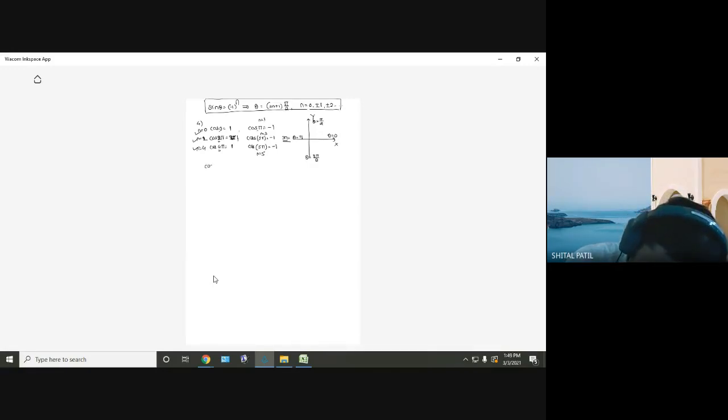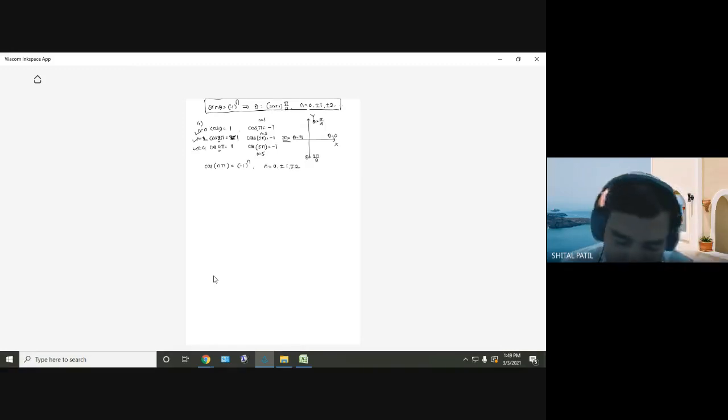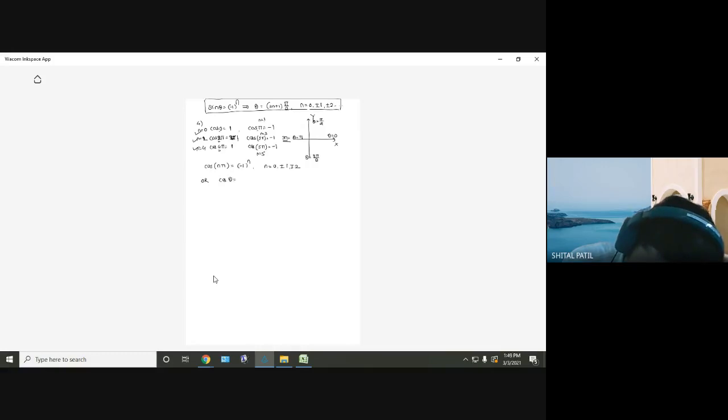So cos of n pi equal to minus 1 raised to n, n equal to 0, plus minus 1, plus minus 2. Or cos theta equal to minus 1 raised to n implies theta equal to n pi.